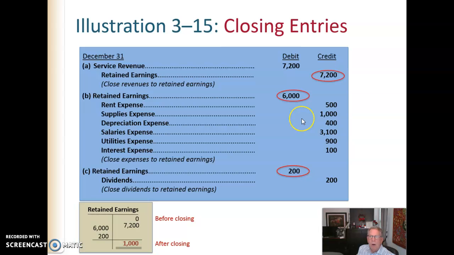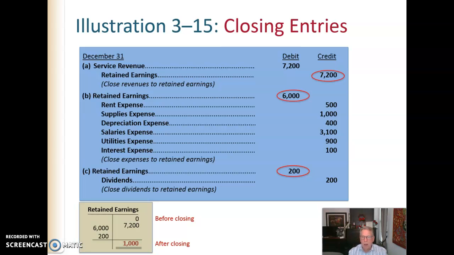And then here, our expenses have a debit balance. So to zero them out, we're going to credit all these expenses and debit retained earnings. And we're going to do the same thing with dividends. It looks a lot like what we did with these expenses. We're going to debit retained earnings and credit dividends to roll that balance into the statement of retained earnings.